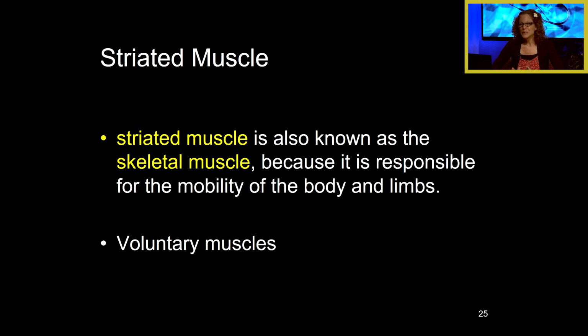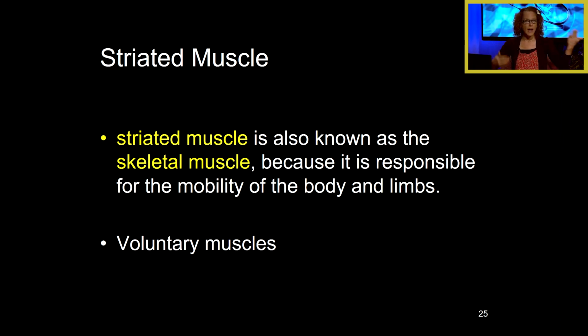And so there are some different types of muscle that we want to talk about. Striated muscle is also known as skeletal muscle, and it's responsible for the mobility of the body and limbs. These are voluntary muscles. So striated muscle, which is skeletal muscle, is voluntary.